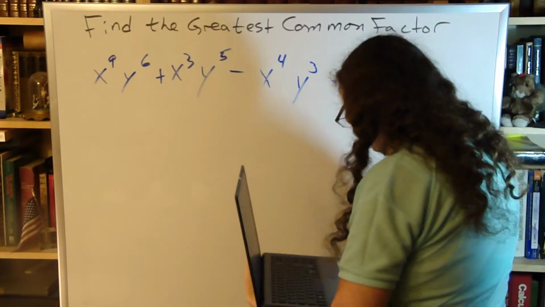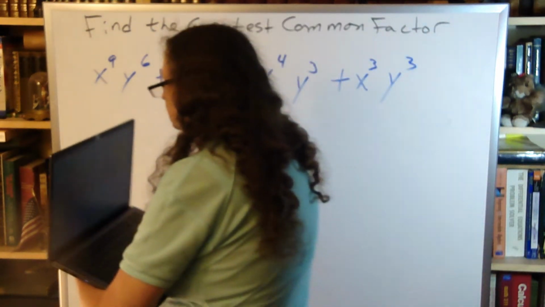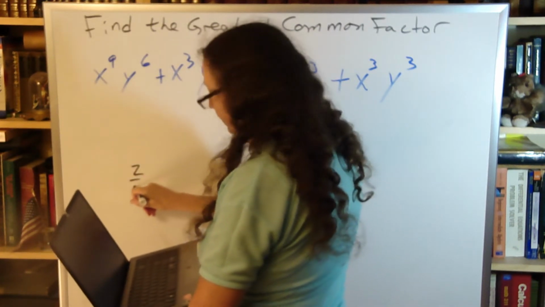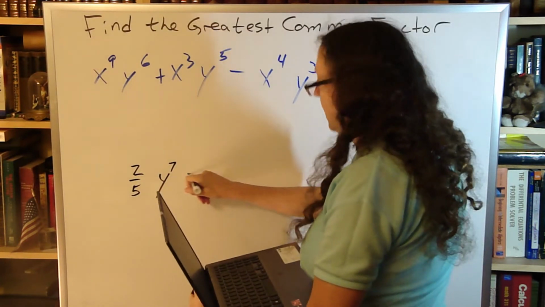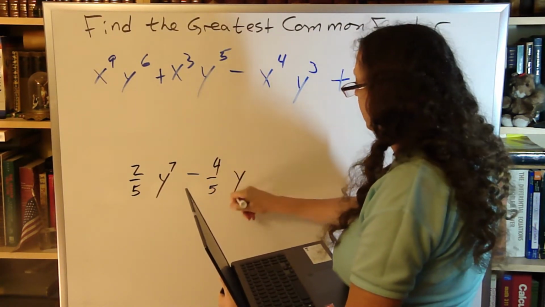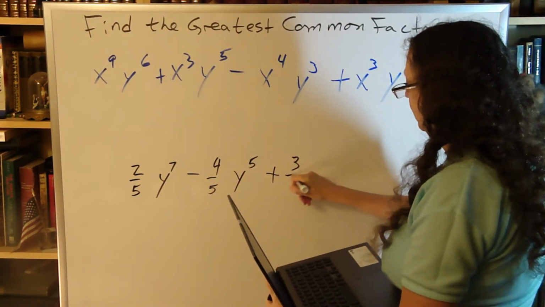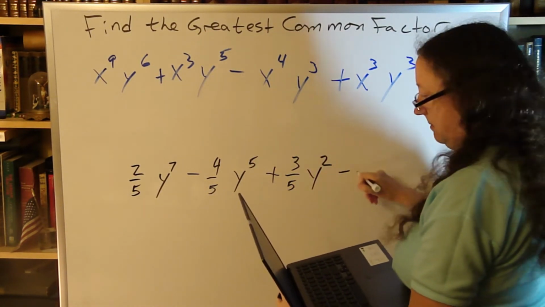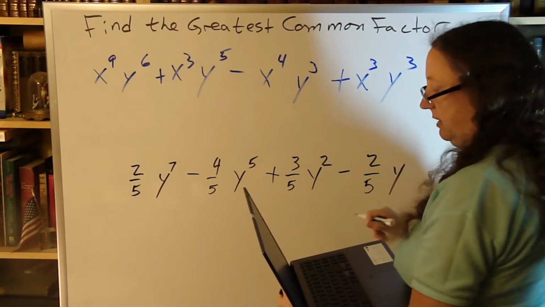And I'm going to write the other one down also. For that one we have 2/5 y to the 7 minus 4/5 y to the 5 plus 3/5 y squared minus 2/5 y.